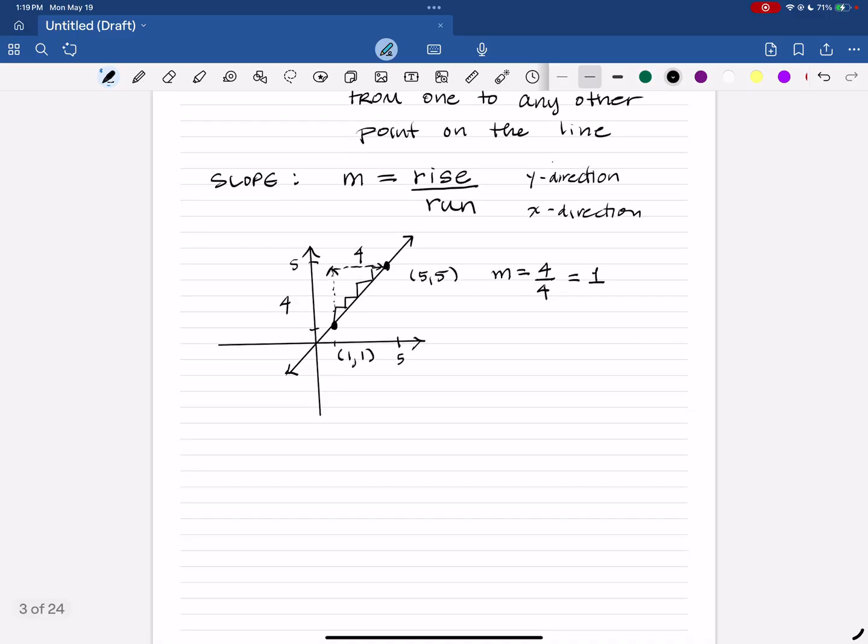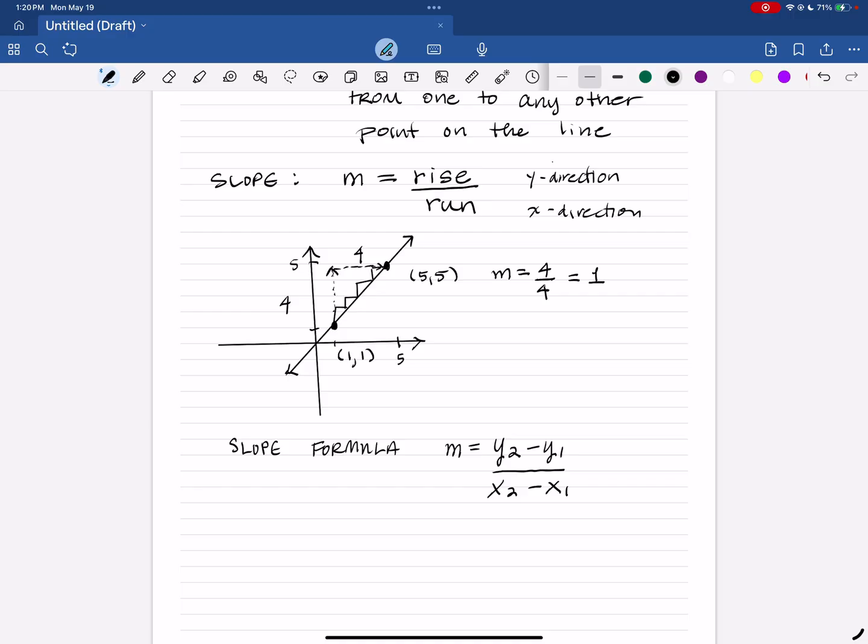Now we can do this by graphing the points and counting, or we can use the slope formula. Here's our first formula. It is y sub 2, and that just means the second y, minus y sub 1, the first y, over x sub 2 minus x sub 1.